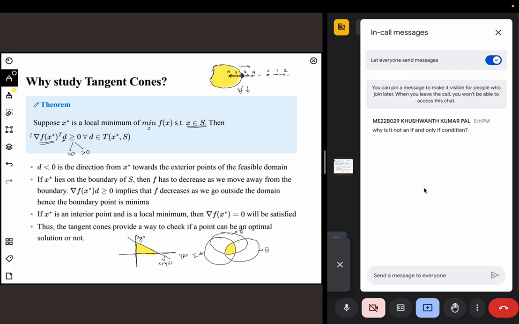Okay, so let's say you have something like this. Maybe it's not a convex function or some kind of weird shape. Maybe I should draw something in 1D, then it may be clear.